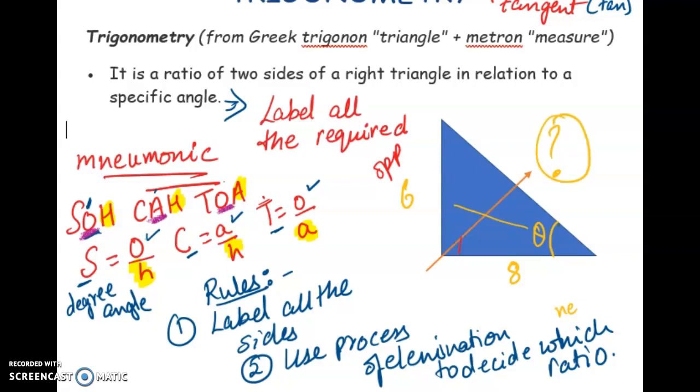But hypotenuse is not given to me. So the only option that is left with me is using the tangent ratio. And I will say tangent theta is nothing but 6 over 8. That is what we are looking for. So if you follow these rules, label all the sides, use process of elimination, everything should be okay.